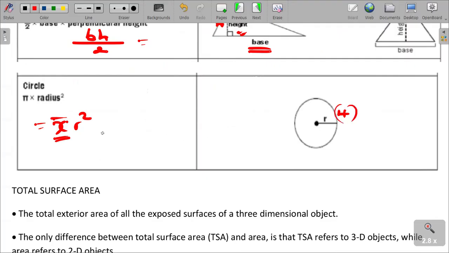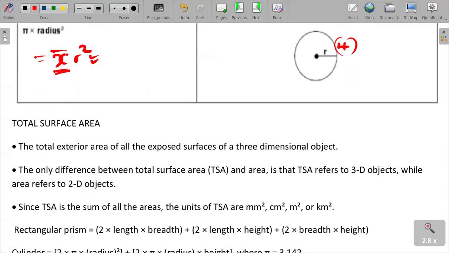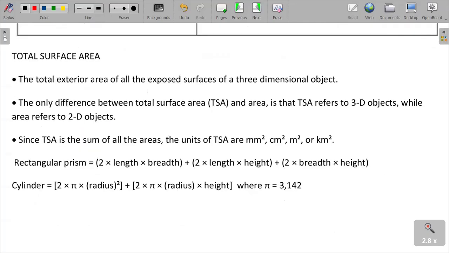Our pi is given as 3.142. So we substitute the values according to the formula given, and pi r squared gives us the area of a circle.